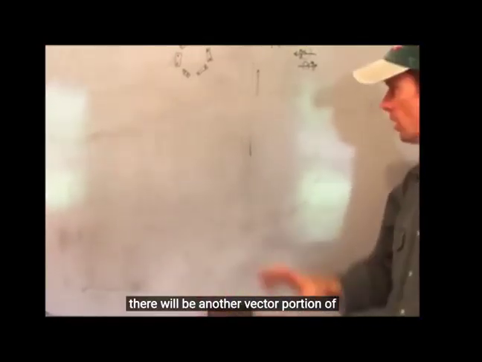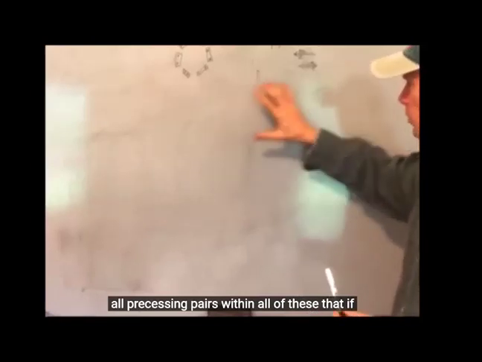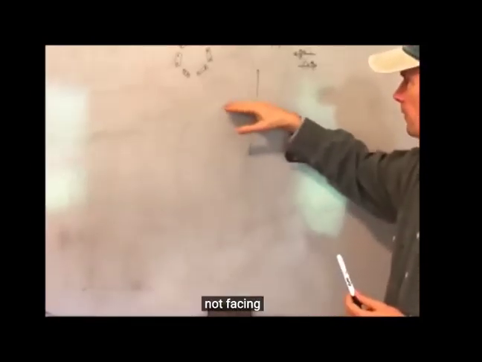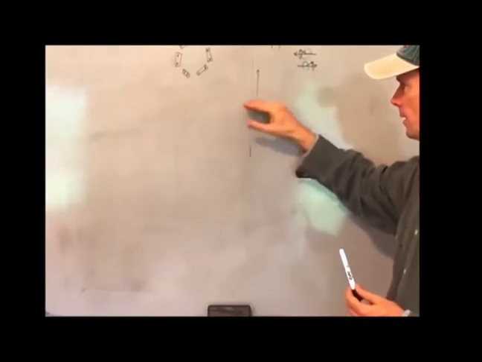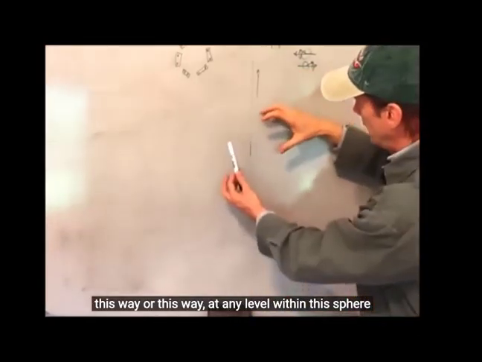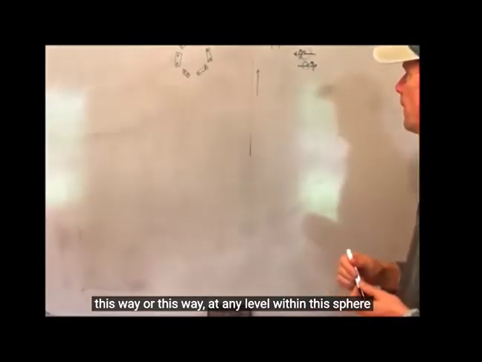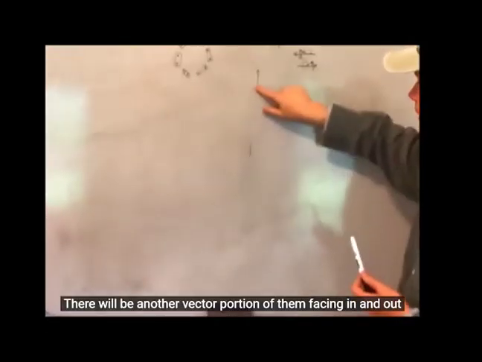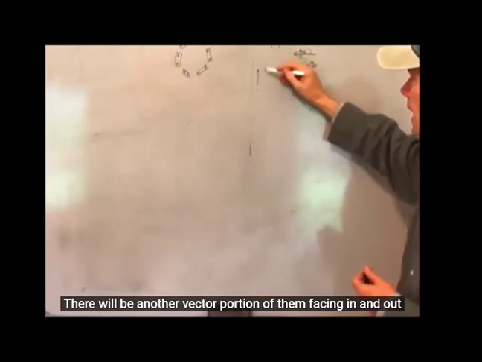And then there will be another vector portion of all precessing pairs within all of these that, if not facing this way or this way at any level within the sphere, there'll be another vector portion of them facing in and out.